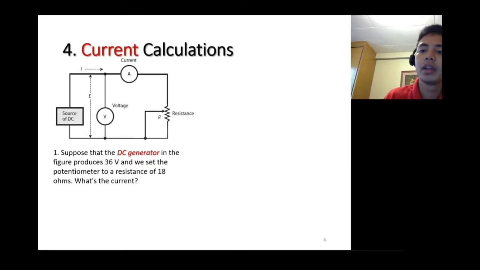So let's proceed to current calculations. We have this circuit here: a DC source, a voltmeter, and a current meter. Don't think that they're not part of the circuit. Actually, they're part of the circuit, but they don't affect it. You will understand this later in a more advanced topic.